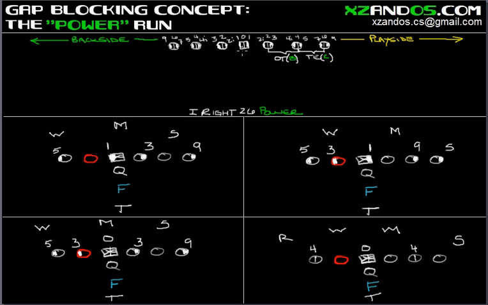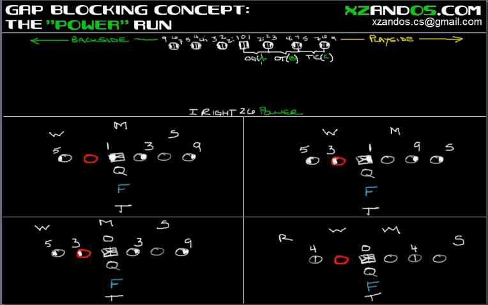Okay, the play side offensive guard is responsible for any defensive technique from a 0 over to a 2. That is the offensive guard, and that gap is the A gap.